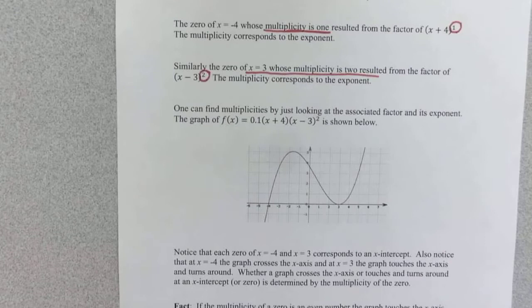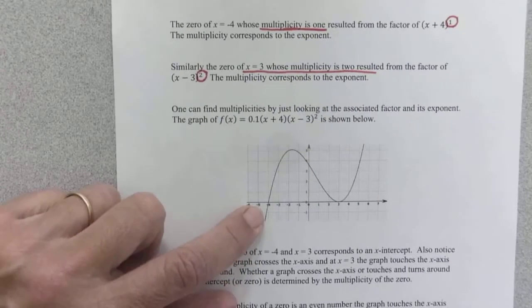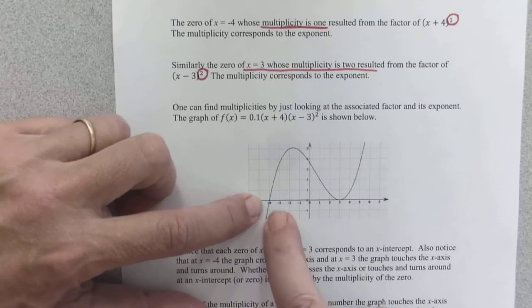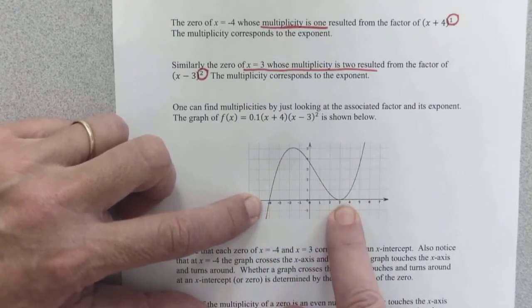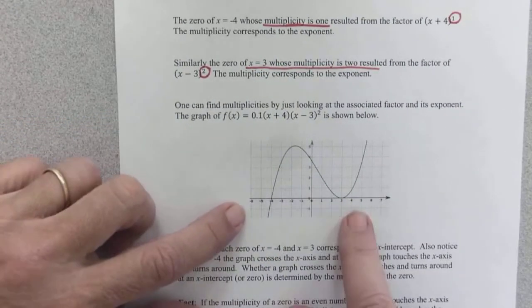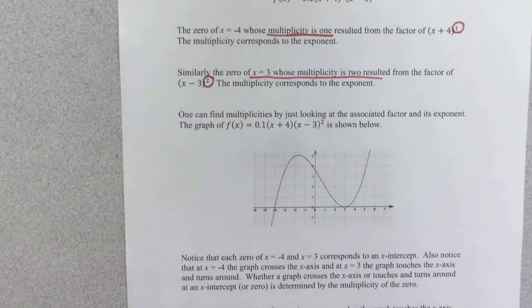There I graphed it for us. Remember, zeros and x-intercepts are essentially the same thing, and indeed I have an x-intercept at negative 4 and an x-intercept at 3.